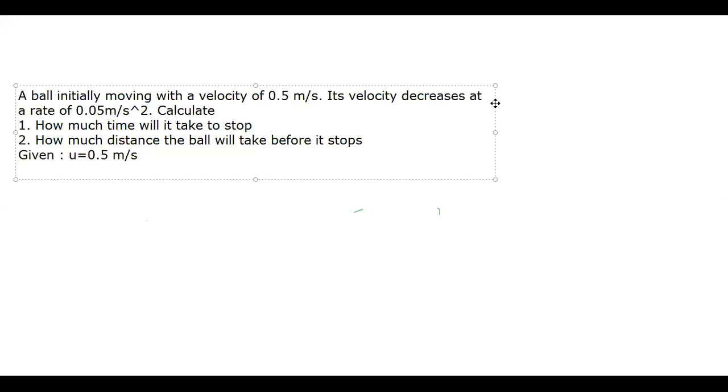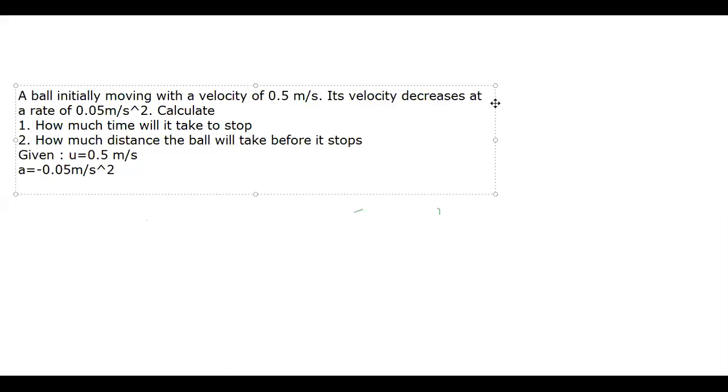Because the velocity is decreasing at a constant rate, it is a rate of change of velocity. Indirectly they are giving us the retardation. So I will write A only, but I will write minus 0.05, because it's not acceleration, it is retardation. So it becomes minus 0.05 meter per second square.